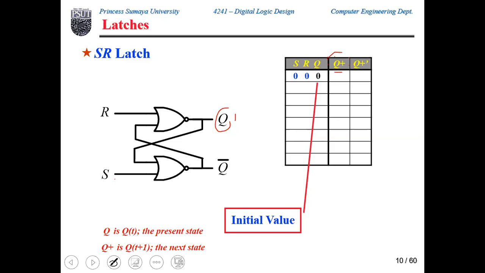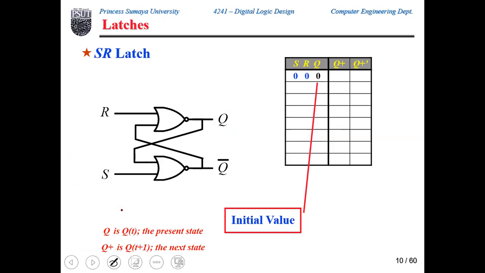Q of t is the current value that is stored in the storage element. And the Q plus, for short, and just to make the table compact, is basically Q of t plus 1, which is the value that will be stored.